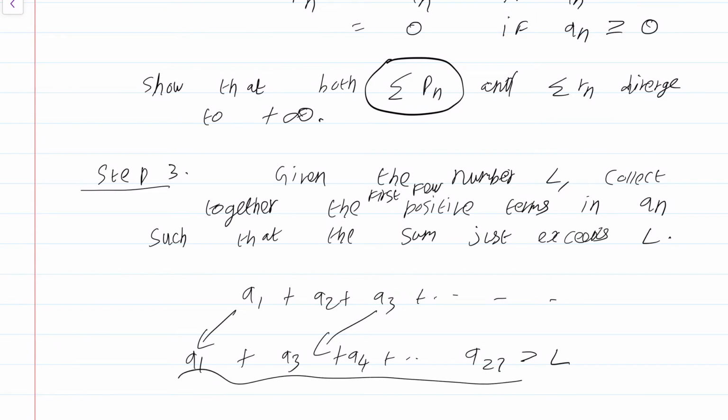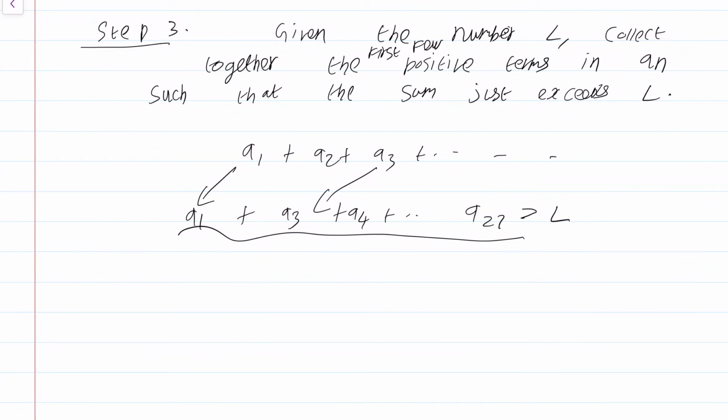There may not be 27 of them because some of them will be negative. So let me rephrase the last statement. What I want to say is if I sum up the positive terms coming from A1 to A26, it should be less than L. But if I sum up the positive terms coming from A1 to A27, that should exceed L. Okay. So you are going to keep adding the positive terms till you just cross L.